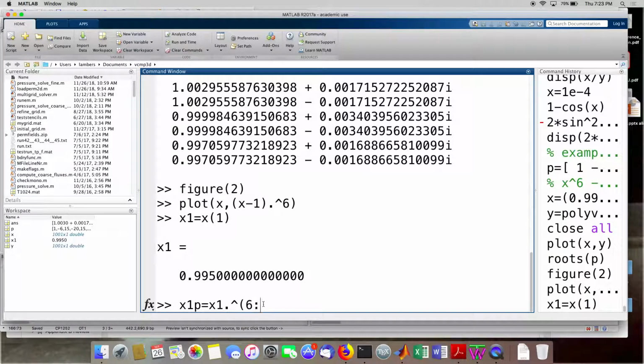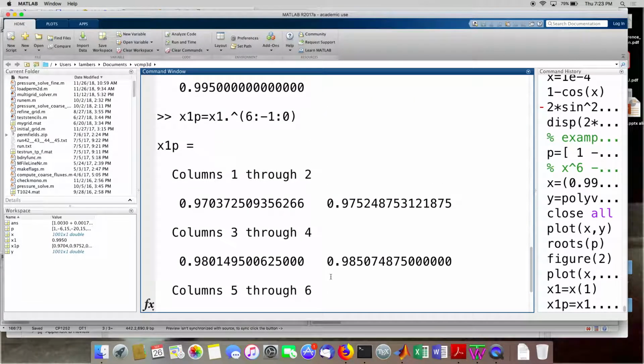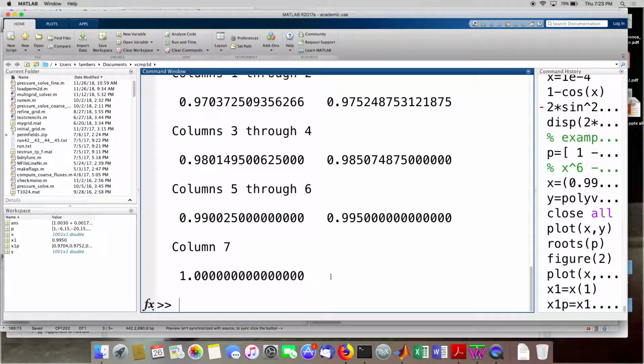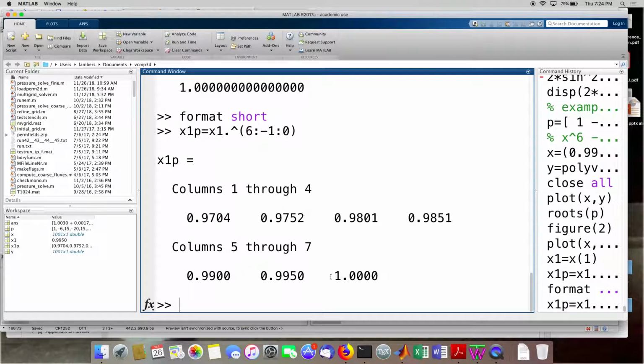So that's 6 colon minus 1 colon 0. I'm going to do format short here. So this is the first x value raised to the 0 power, first power, squared, cubed, 4, 5, 6.